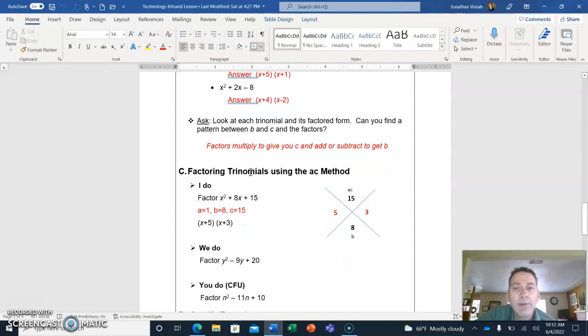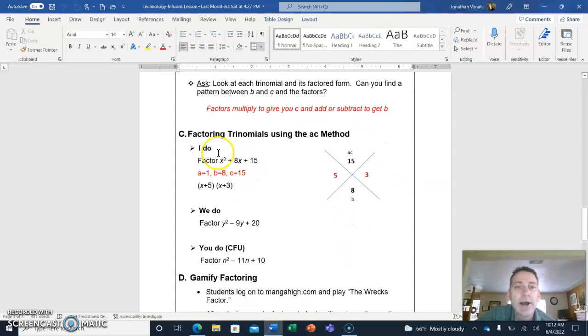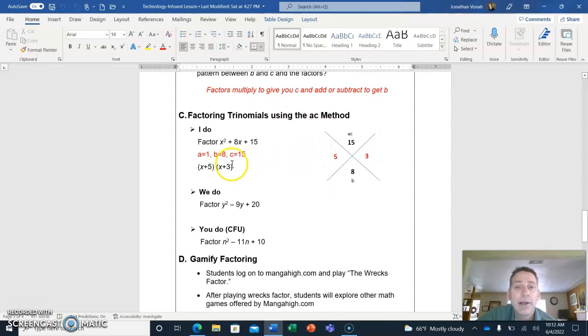Okay, then we would move into more of the abstract, and I would teach them how to factor trinomials using the AC method. That's basically if you got, for example, x squared plus 8x plus 15, A times C goes here, so 1 times 15 goes up here, and then the middle term, 8, goes here.